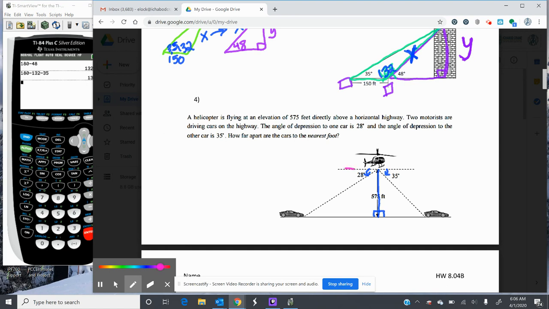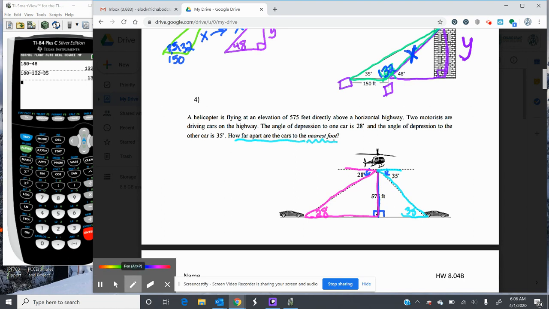So remember our alternate interior angles. We'll put that 28 degrees inside this right triangle here. And then same thing on the opposite side, that 35 degrees is going to bounce down into this angle here. Find how far apart the cars are to the nearest foot.